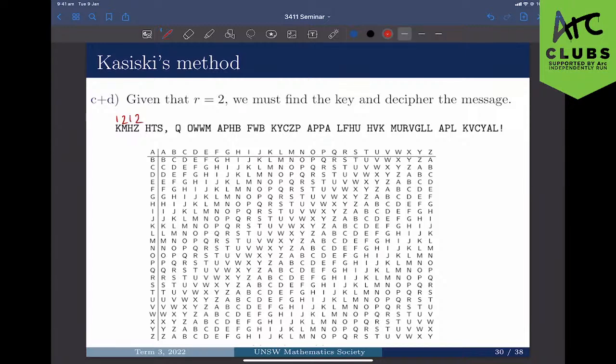All the key 1s correspond to the same Caesar cipher shift, and all the key 2s represent another, different, Caesar shift. Another way of thinking about it is that all the even letters in this message correspond to the same Caesar cipher, and all the odd letters of this message correspond to a certain Caesar cipher.